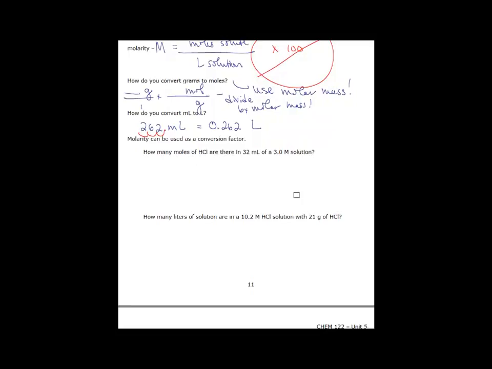So when you come across a problem like this, I strongly encourage you to cross out the big M and write moles over liters. That way you'll see how units can cancel. So this is your conversion factor, while this is your starting quantity.